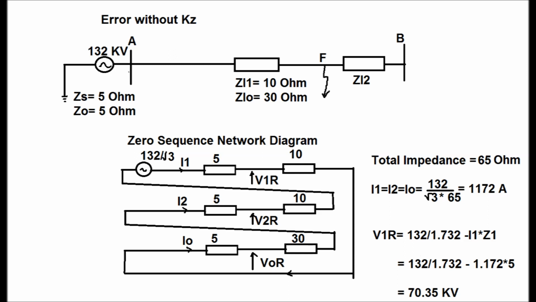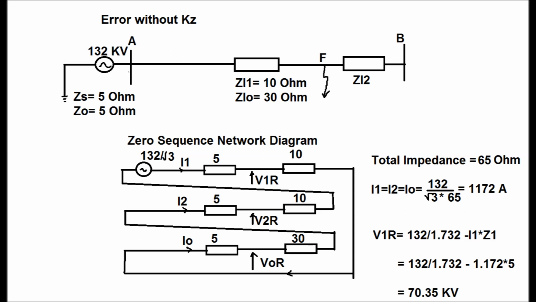That is, the positive sequence impedance including line and source is 15 ohm, the negative sequence impedance including line and source is 15 ohm, and for zero sequence it is 35 ohm. That is 35 plus 15 plus 15 is equal to 65 ohm.